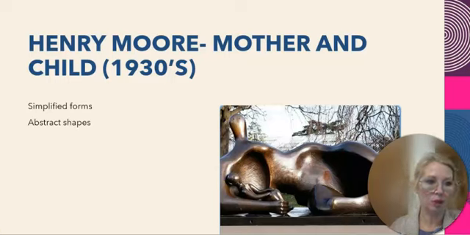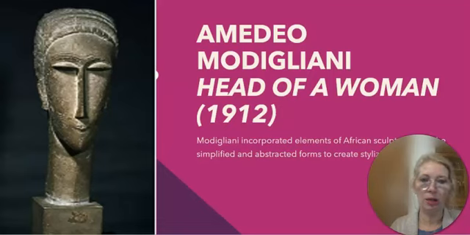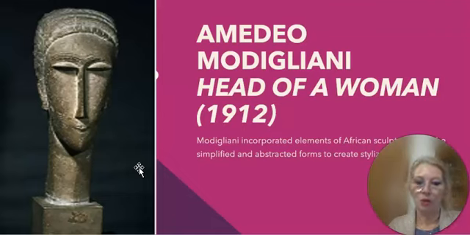Okay, let me show you another one. This is Amedeo Modigliani, Head of a Woman, sculpted in 1912. Modigliani was known for painting and sculpting elongated and stylized figures inspired by African art.